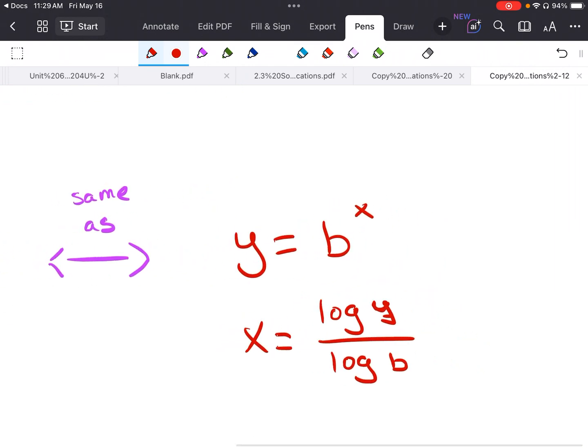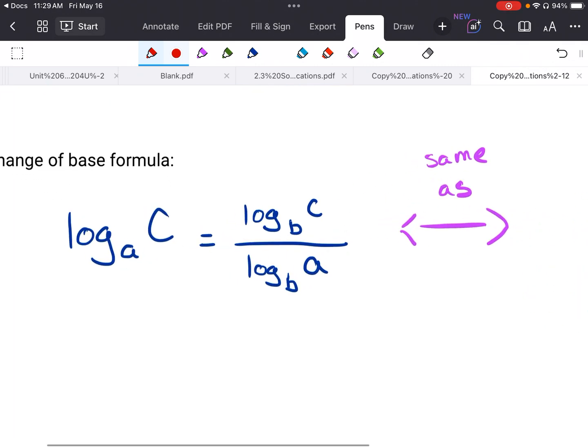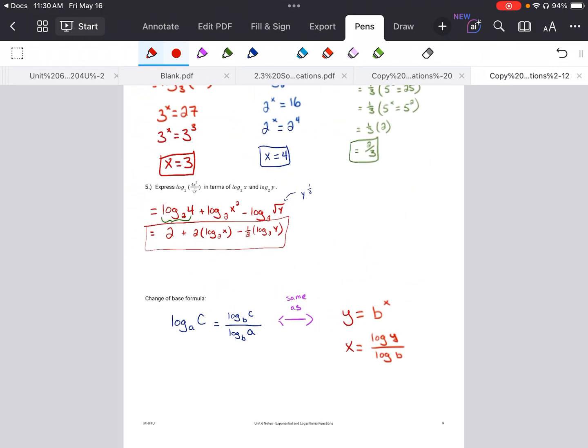In order to find the exponent, we do the log of the number without the exponent divided by the log of the base. Well, it's the same with logarithms. So if we have log base a of b equals c, it'll be log base b of c divided by log base b of a. Okay, those are the log rules that we'll be working with.